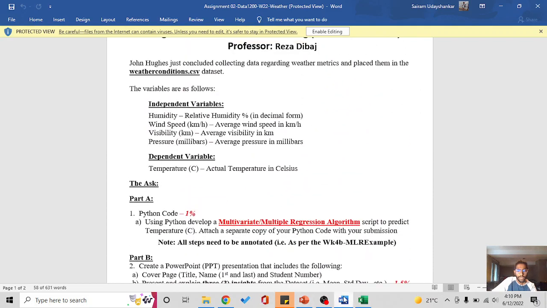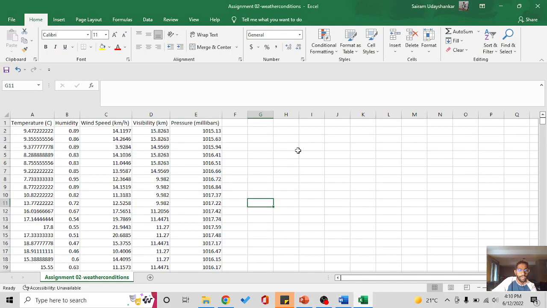So first let's get into the data. We have 96454 records, which is a good amount of data. Not bad, good. And as the documentation said, we have 4 independent variables and 1 dependent variable.